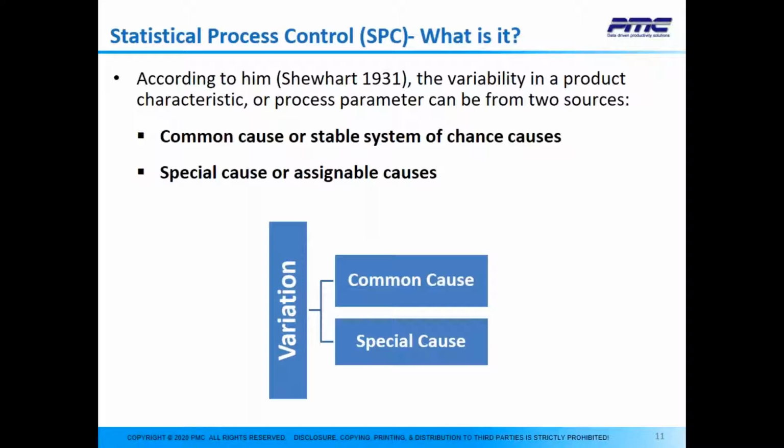Or from special cause or assignable causes, meaning arising from a specific occurrence such as a broken tool, pressure surge, or temperature drop that might occur unexpectedly. So again, we're going to be dealing with 2 types of variation, either common cause or special cause variations.